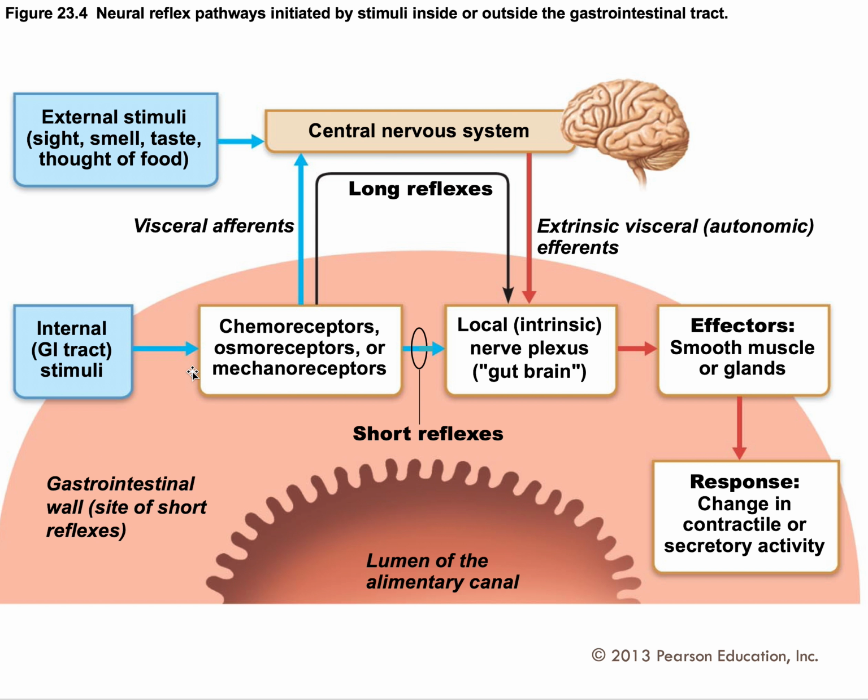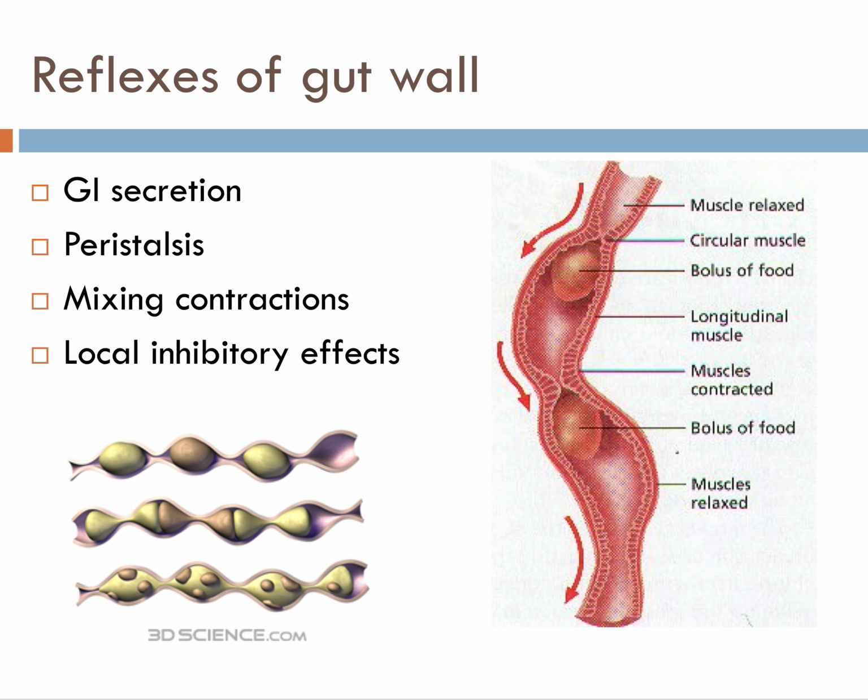So if there's food in the duodenum, it's going to delay gastric emptying because there's nothing else that can fit in there right then. So things from the GI tract stimuli, those are called short reflex arcs because they're just from the sensory receptors down through the cord sometimes. And the long ones have to do with you engaging your brain to actively seek out food because of wanting.